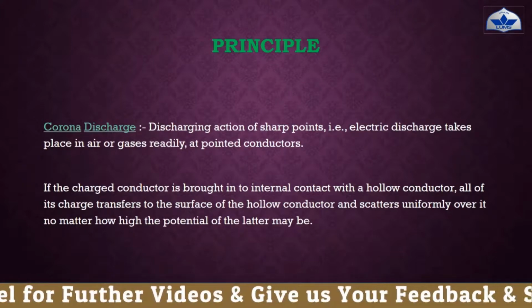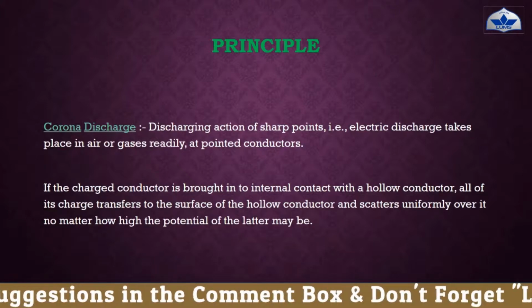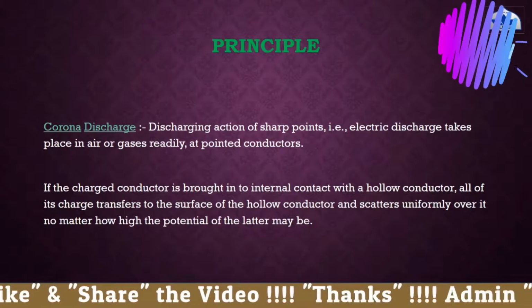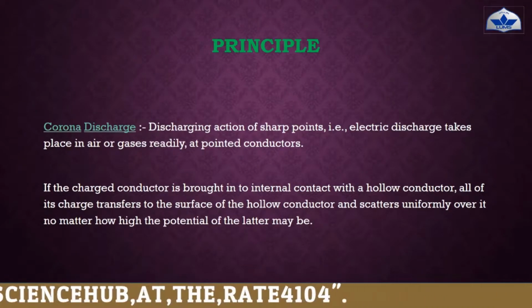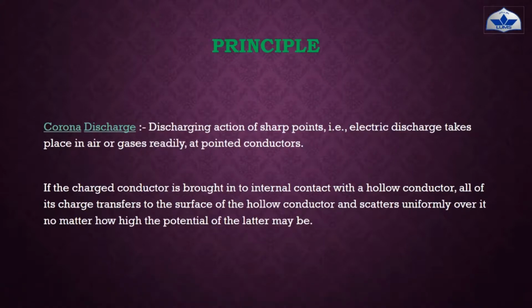And when a charged conductor is brought into internal contact with a hollow conductor, all of its charge transfers to the surface of the hollow conductor and is scattered uniformly over it, no matter how high the potential of the latter may be.